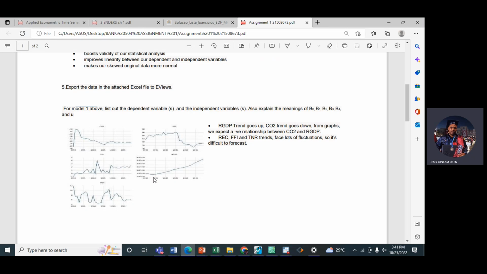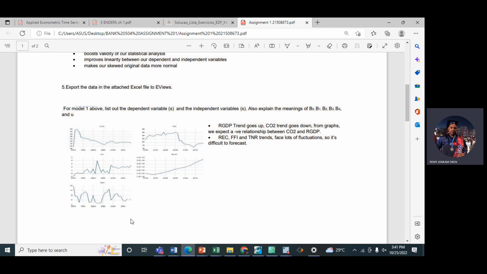Always use on average. With this one, you see there's an upward trend, so you can say on average it is increasing. Then with this one, there are lots of fluctuations, so it's difficult to see the average behavior.